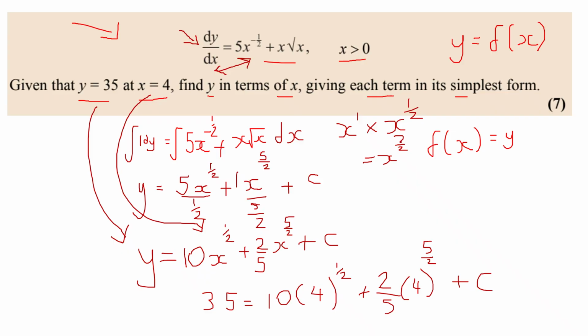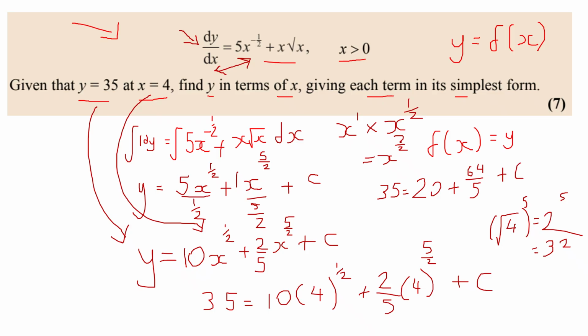So the square root of 4 is 2, and 10 times 2 is 20. So you have 35 is equal to 20 plus, here I've got 4 to the power of 5 halves. A fractional power means the square root of 4, and then raise it to the power of 5. The square root of 4 is 2, so we have 2 to the 5, which is equal to 32. Timesing it by 2/5, that'll be 64/5.